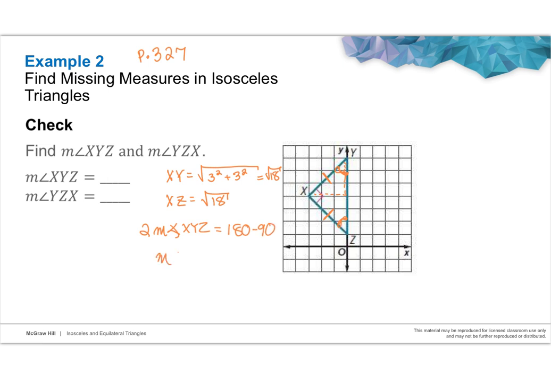So the measure of angle XYZ is 90 divided by 2, or 45 degrees. This is isosceles, which we've proven with the distance formula. So the measure of angle YZX is also 45 degrees.